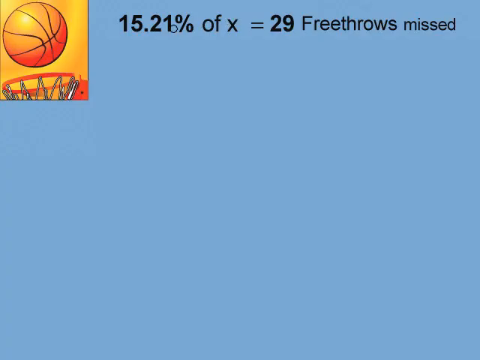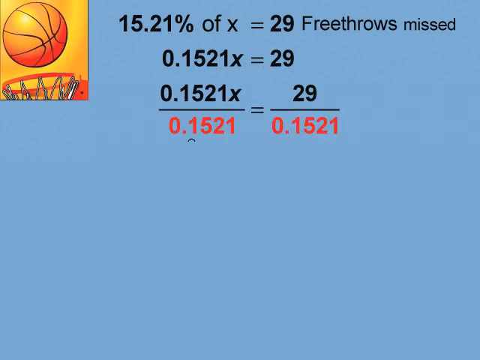The percent of free throws not made is 15.21%. The equation becomes 0.1521x equals 29. To solve for x, divide both sides by 0.1521 as shown here. The left side of the equation simplifies to x. On the right side, we divide 29 by 0.1521.